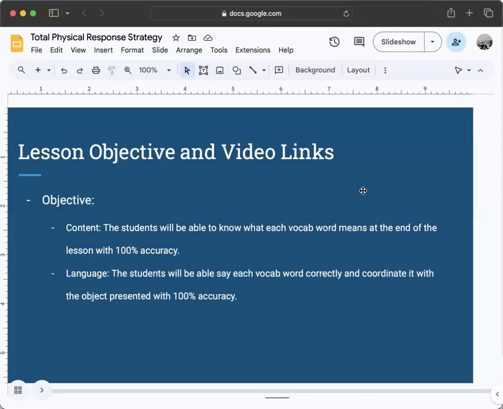The language objective is that the students will be able to say each vocab word correctly and coordinate it with the presented object.